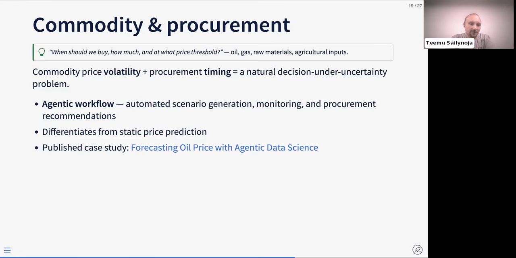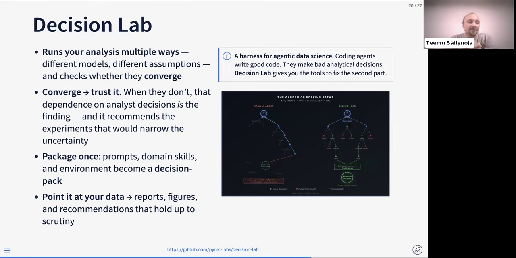We recently published a blog post on the topic to also show how agentic workflows can help in approaching problems like this, where the modeling question can be, in a way, quite open when you start approaching it.